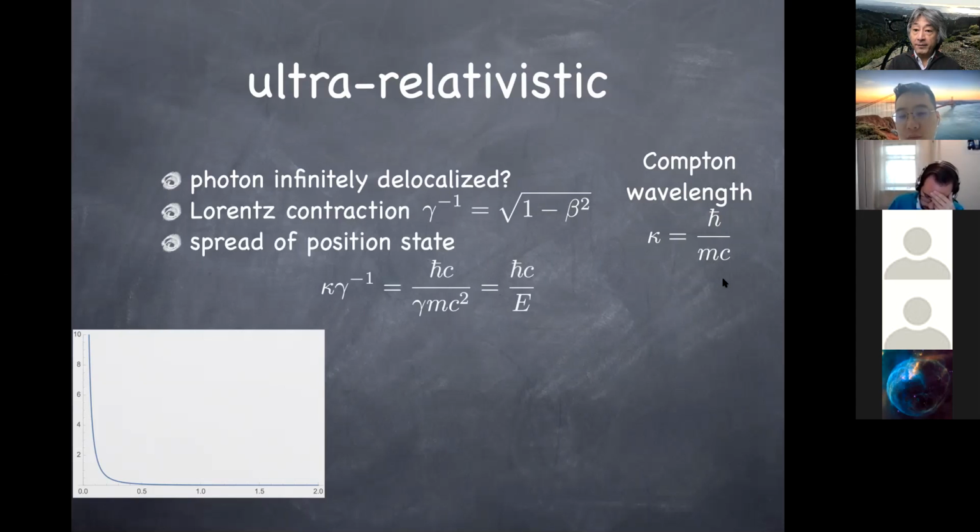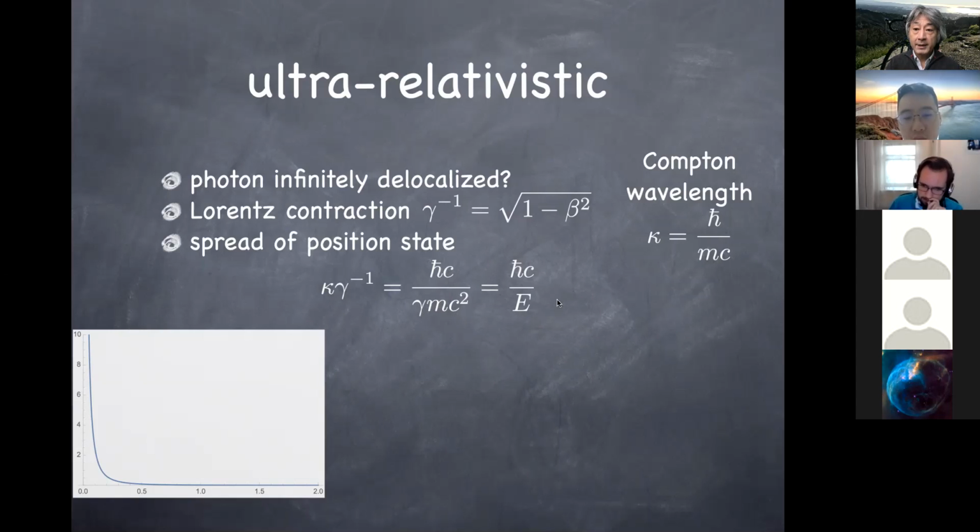The Compton wavelength gets contracted by 1 over gamma, so gamma now goes downstairs. I multiplied c on both numerator and denominator to turn the denominator into mc squared. And gamma times mc squared is nothing but the energy of the particle at a given speed.